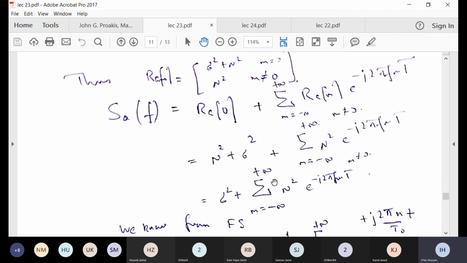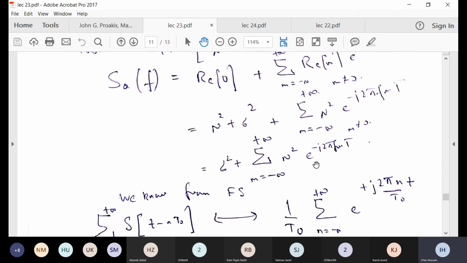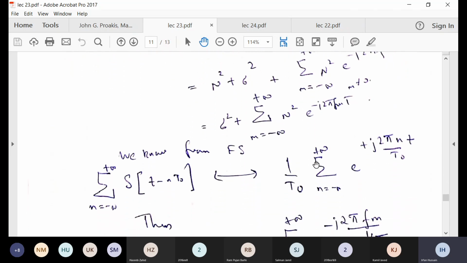This becomes mu squared for all the values. It becomes sigma squared, and this mu squared goes here. And we can use this from the Fourier series analysis.